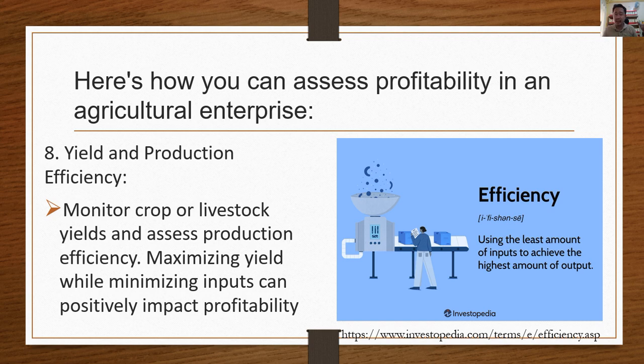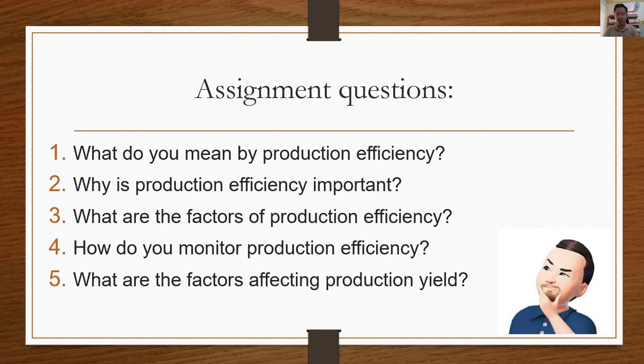Maximizing the yield while minimizing inputs can positively impact profitability. So you need to look for other ways or other means that are less expensive, but with the same result.